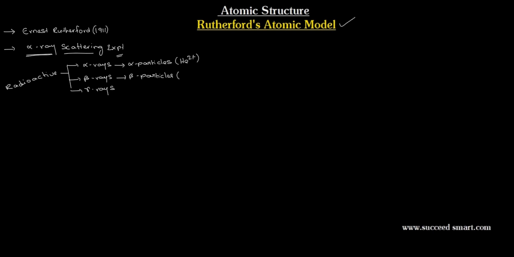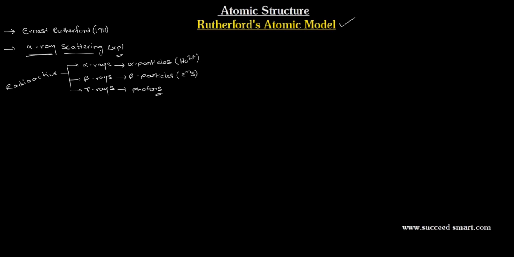These beta particles are also known as electrons. Coming towards gamma rays, they don't contain any particles, but they contain small energy packets known as photons. These photons are not particles, just energy packets present in gamma rays.